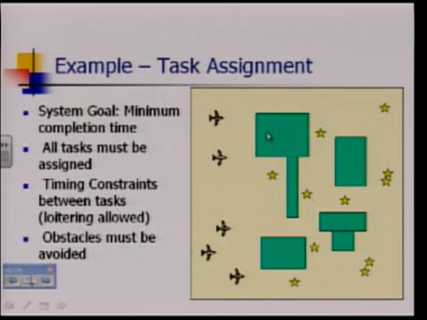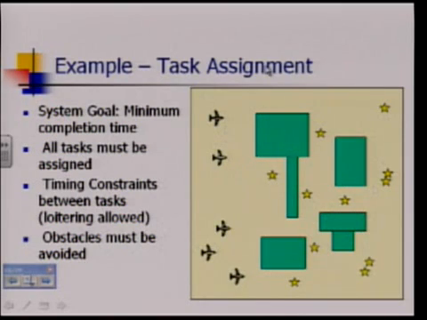And you have to avoid the obstacles, so you need to think about how each plane may just try to find the closest star first. For instance, that's one way of doing the heuristic, but that may not work. For instance, some star may be very difficult for all of them. You cannot just let each of these handle the easy ones.